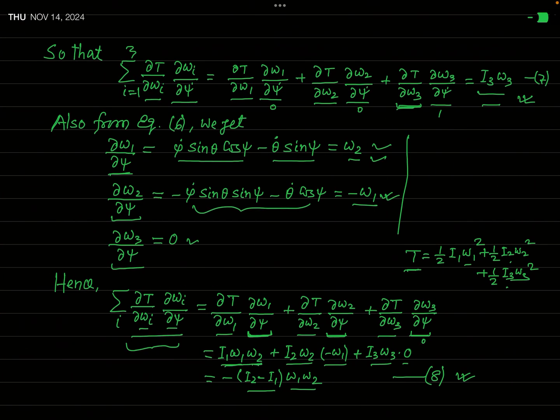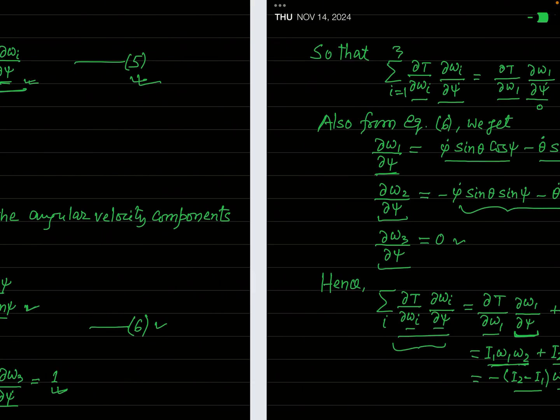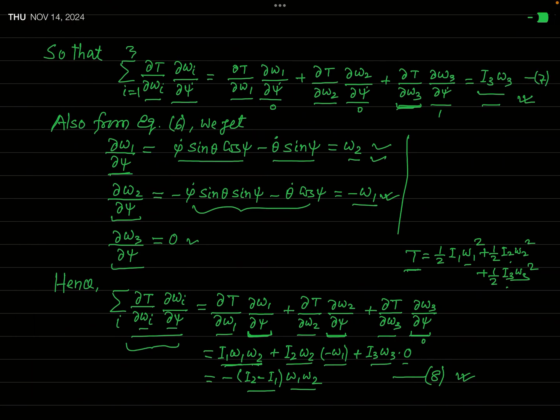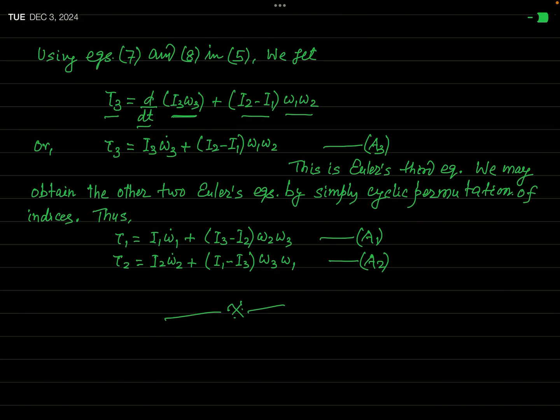But since the minus sign is already present before the second term, so minus minus will become plus. So this is plus I2 minus I1 times omega 1 omega 2, okay.